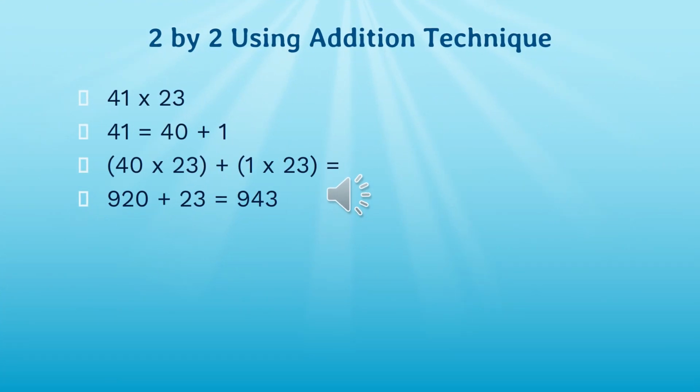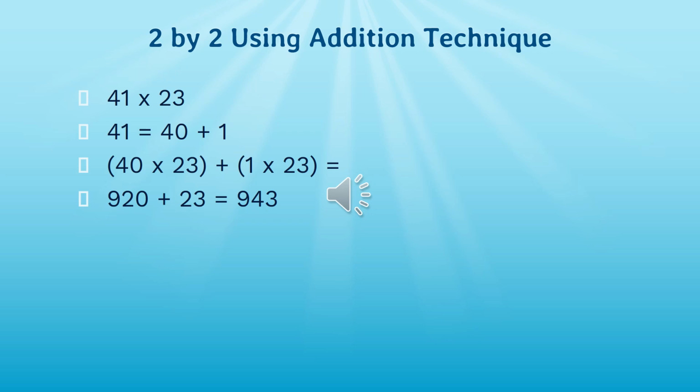Moving to a 2 by 2 multiplication number sentence using the same technique, multiplication by addition. Here I have an example: 41 times 23. Same thing, we should break the larger number into its number bonds, and that's 40 and 1, and proceed to the distribution.